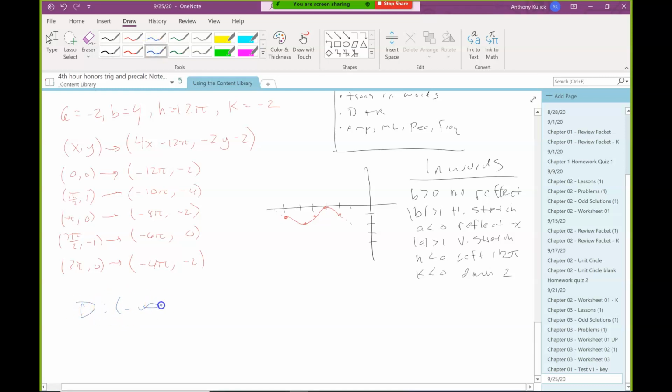The domain is always negative infinity to positive infinity. Our range is going to be K minus the absolute value of A, and then K plus the absolute value of A, which comes out to -4 to 0, which is, again, exactly what we see here.